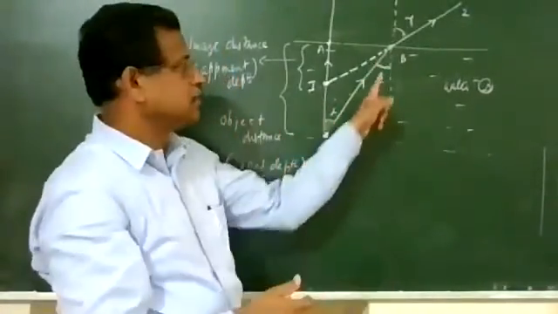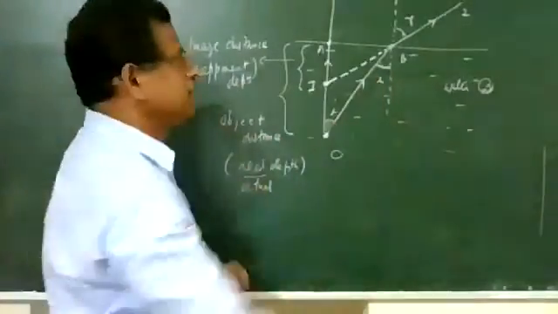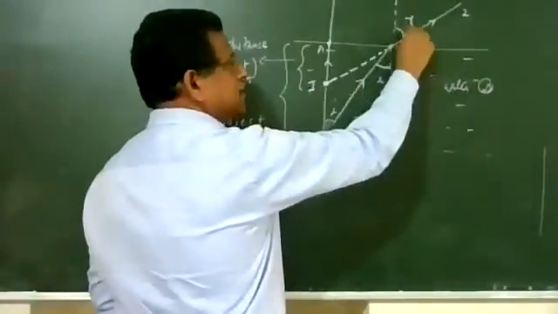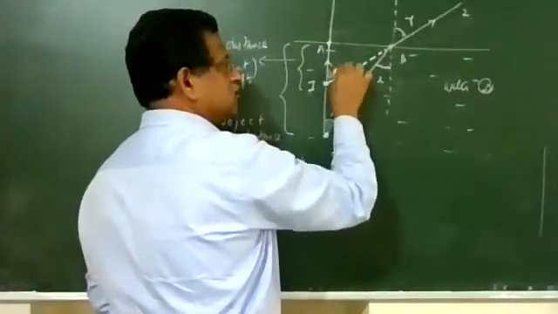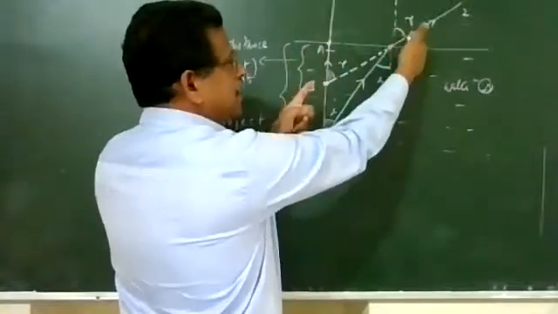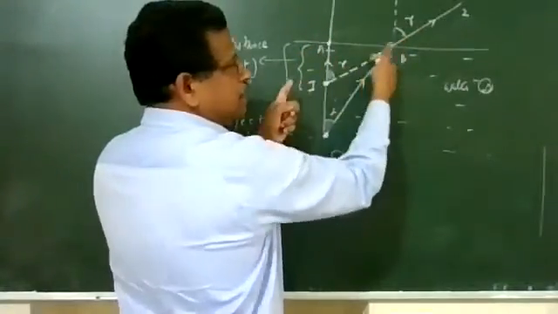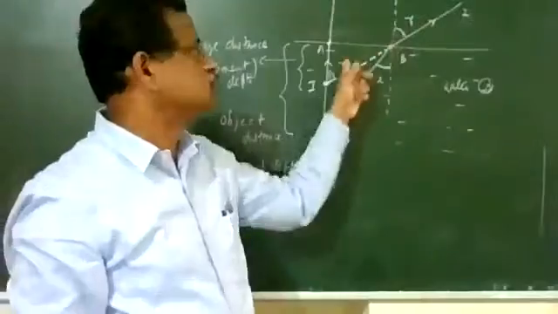Similarly, this angle is R, so this angle also I am going to mark as R. Two lines are parallel and this dotted line, the refracted ray, is a transversal with this angle also.